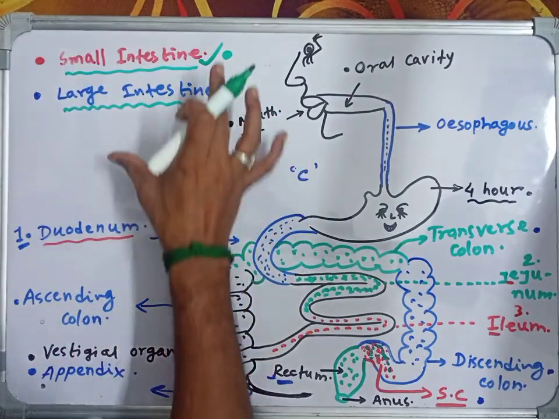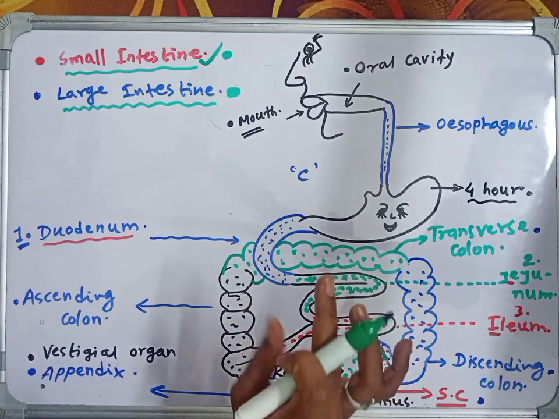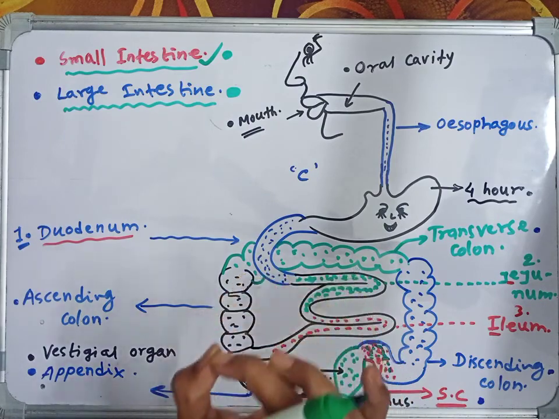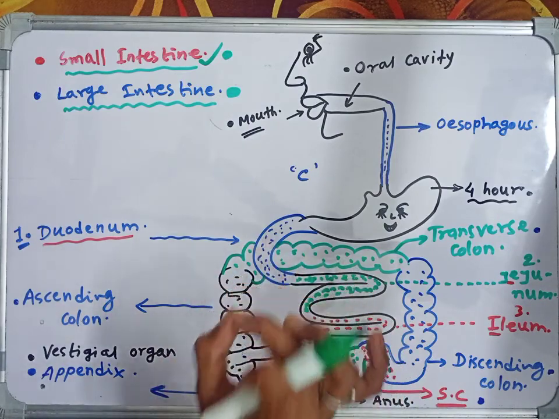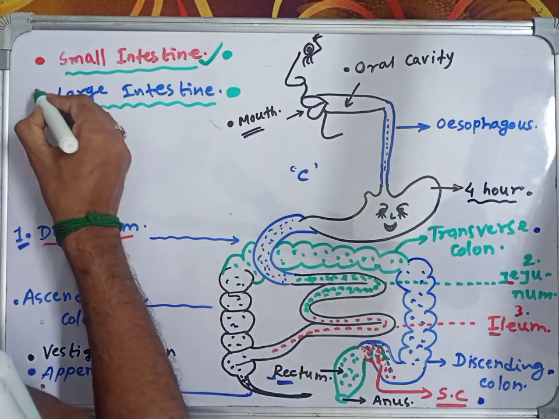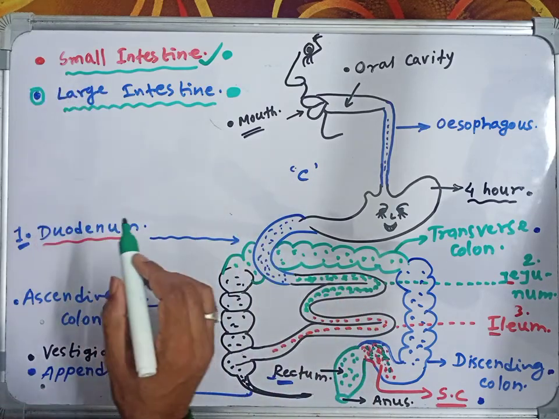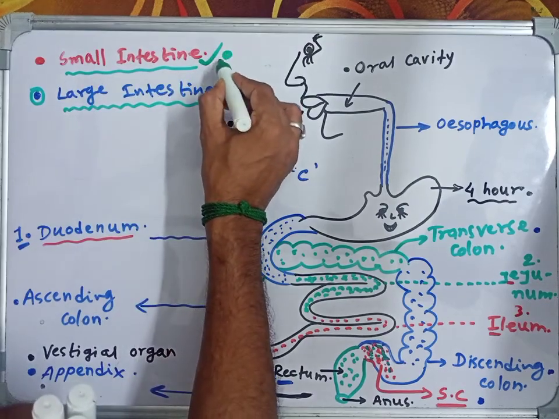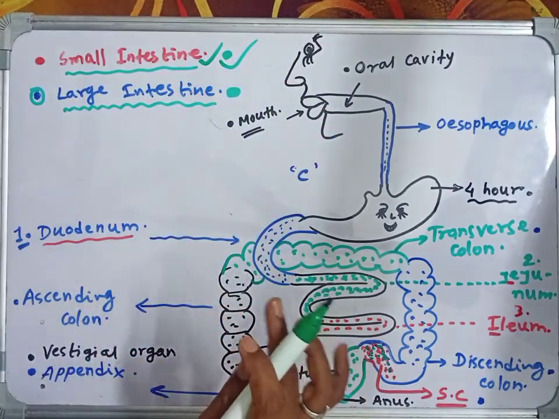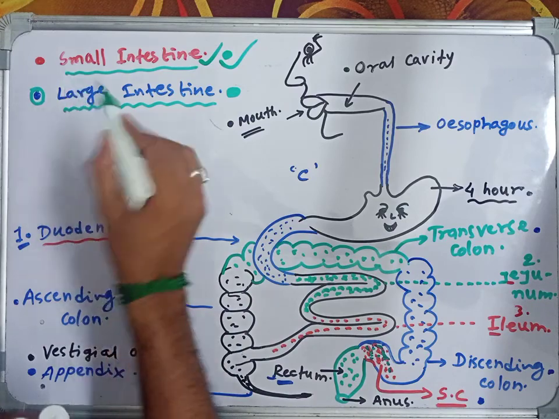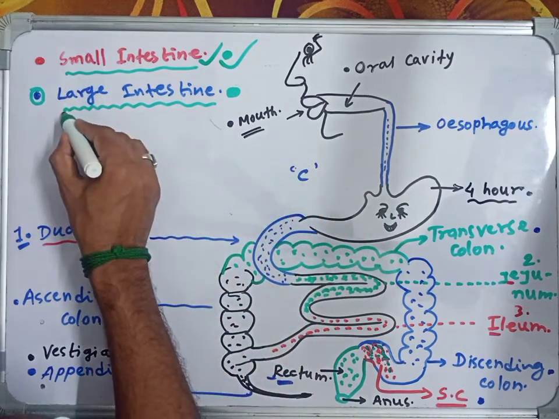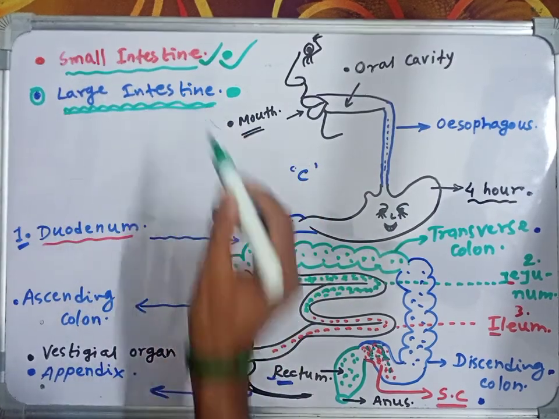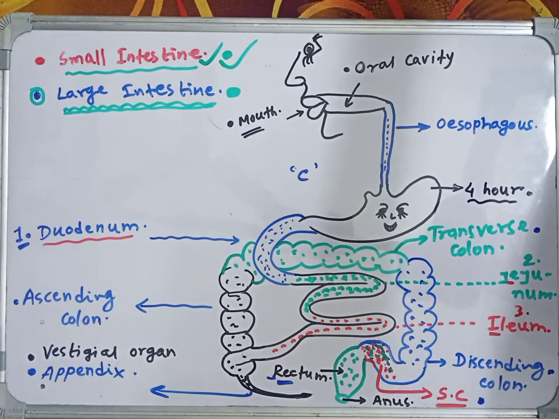This MCQ can puzzle you, right? But my students, good students, should be very crystal clear about this question, right? The small intestine is not small, it is actually the long part of our intestine. But the large intestine is not actually large, it is the short part of our intestine, my dear, right?